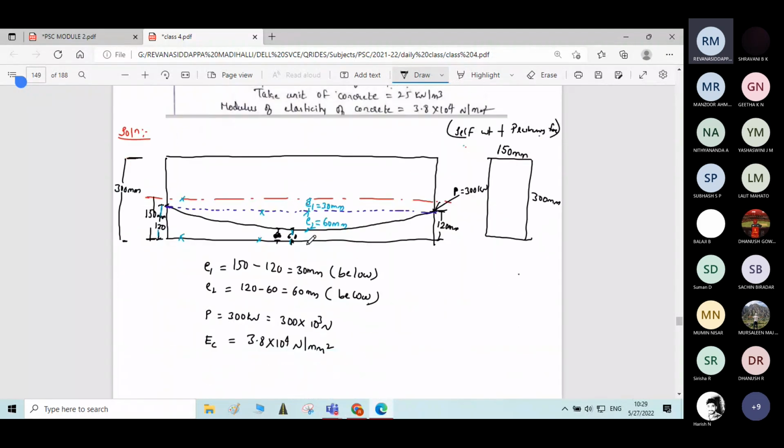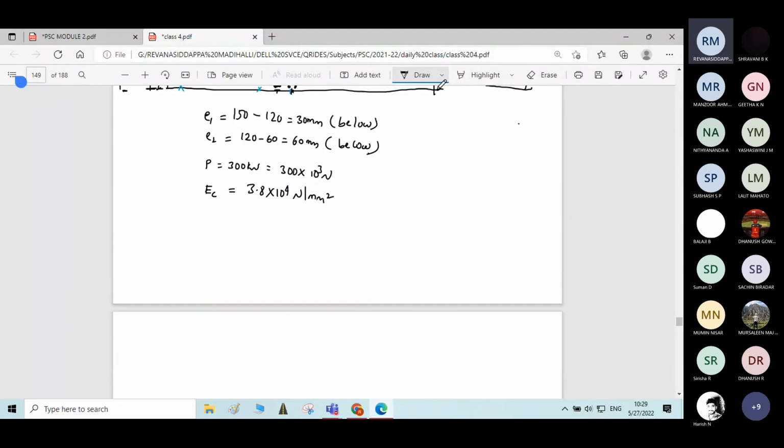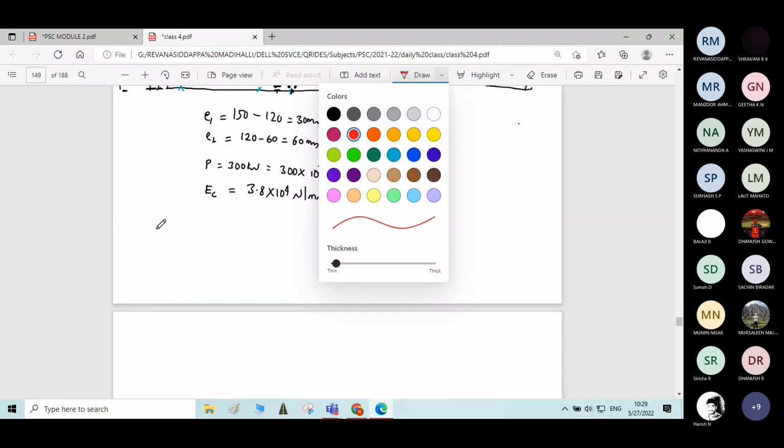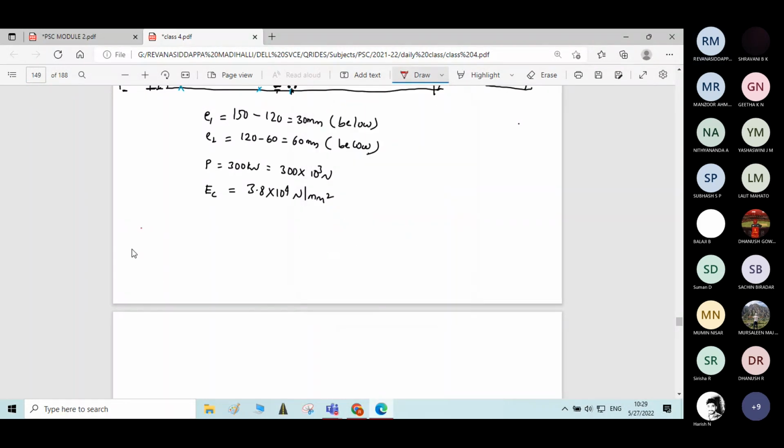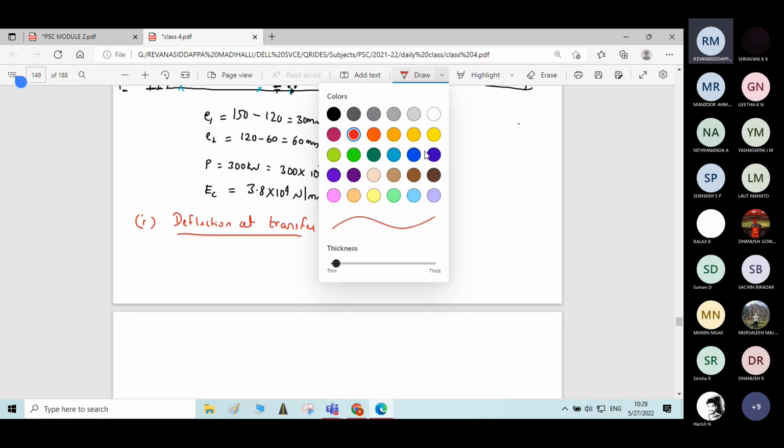Now, question one: deflection at transfer. This we'll find.